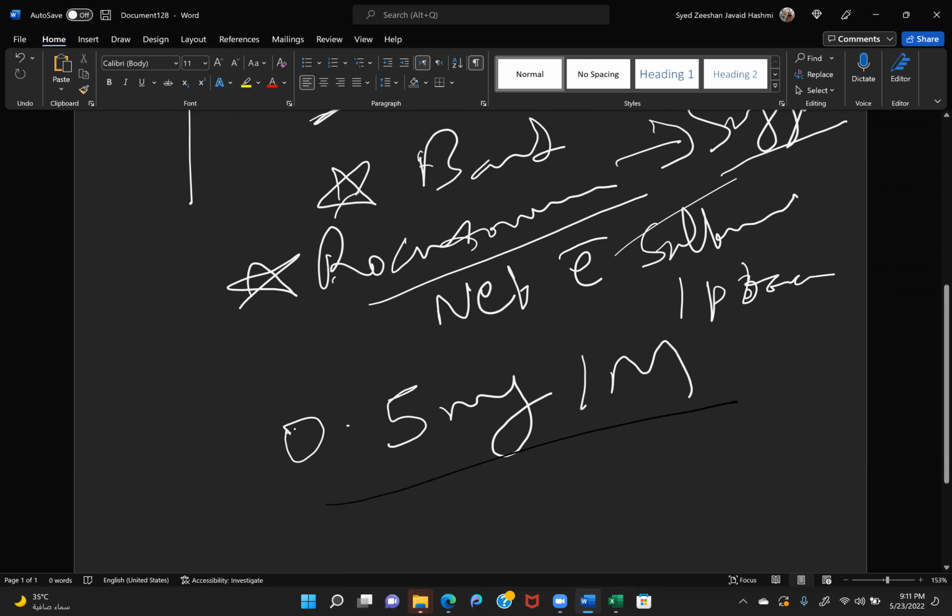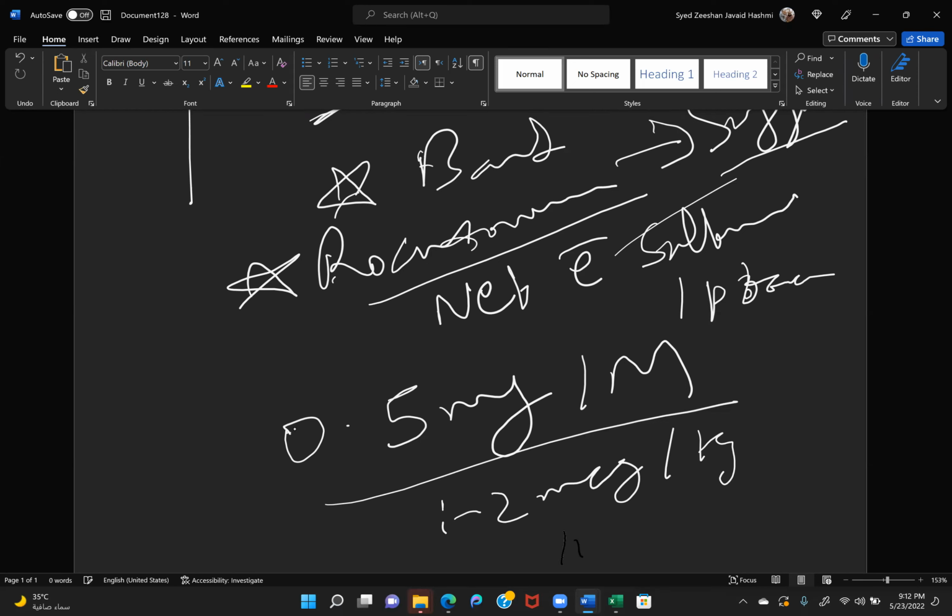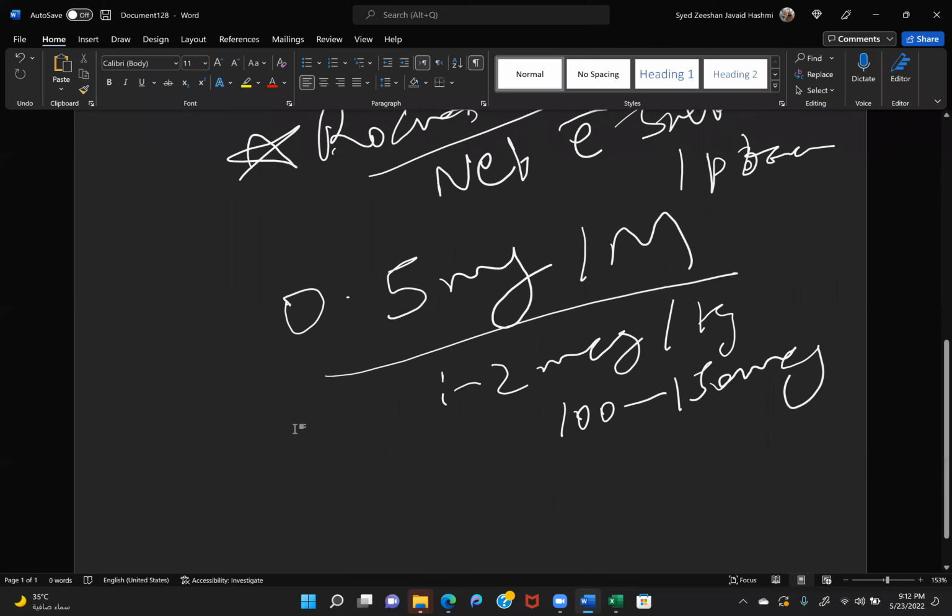There are two routes, IV and IM. If we give IV, it's 1 to 2 microgram per kg, and in adults roughly 100 to 150 microgram. If the other route is intramuscular, for adults it's 0.5 milligram, that means 500 microgram, intramuscular.